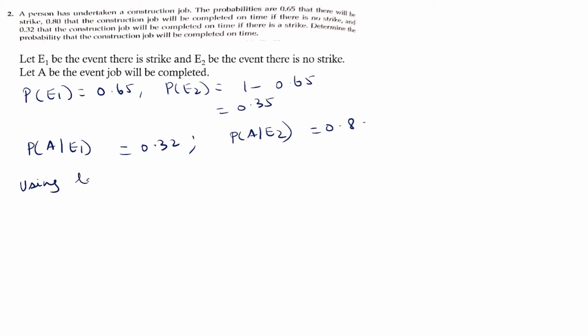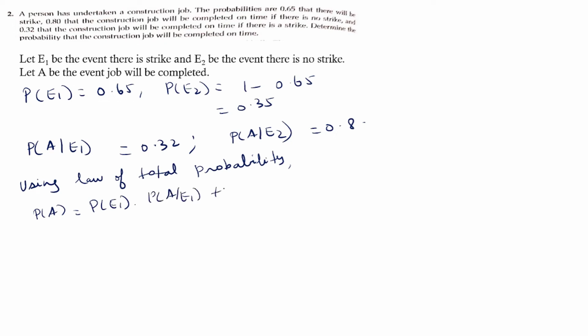Using the law of total probability, probability of A is equal to probability of E1 into probability of A given E1 plus probability of E2 into probability of A given E2.